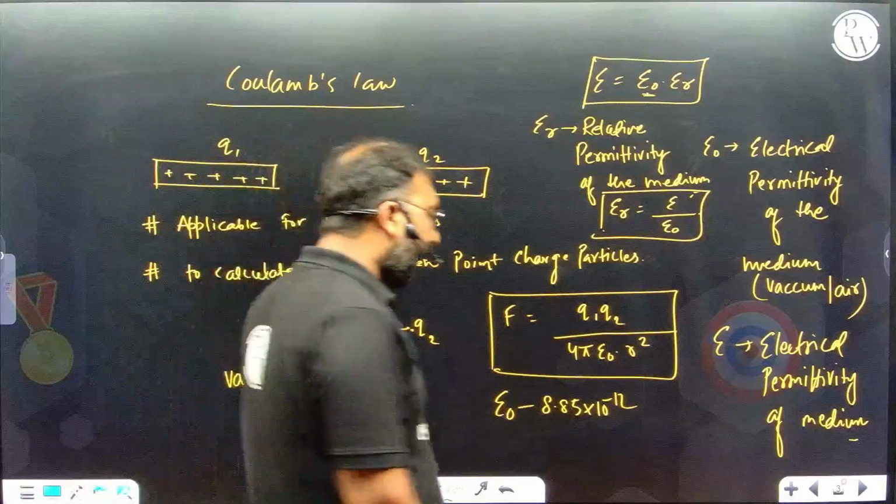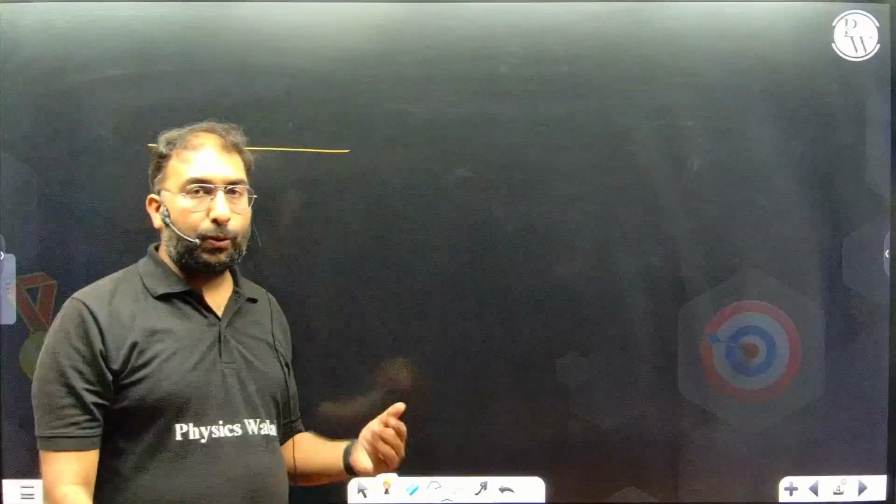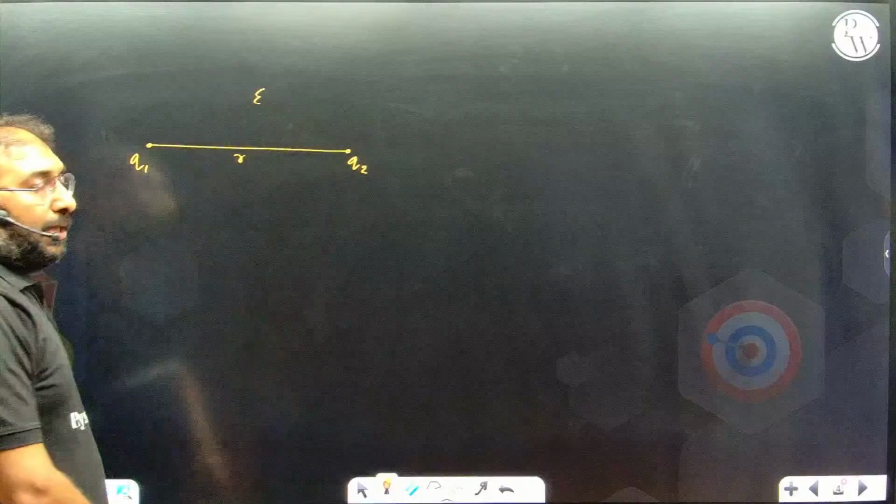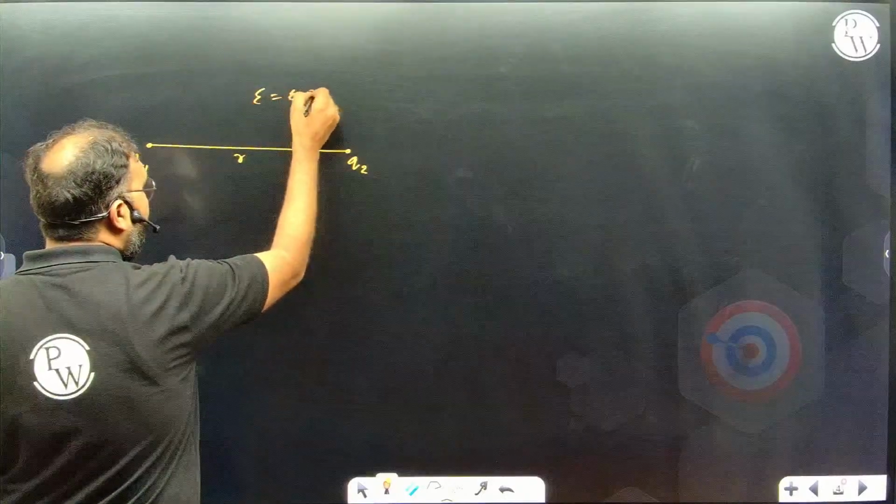Let's say I am writing the force between two charged particles. I have the distance r, the charges being the same, Q1 and Q2, and now this is some medium, and for that medium the permittivity is epsilon, which can be written as epsilon naught epsilon r.